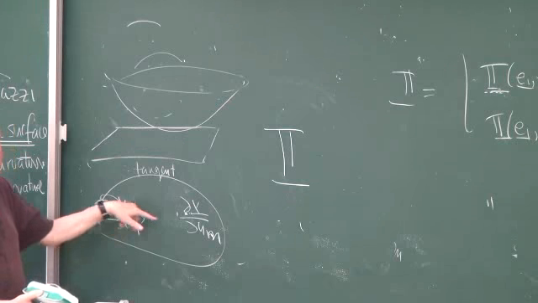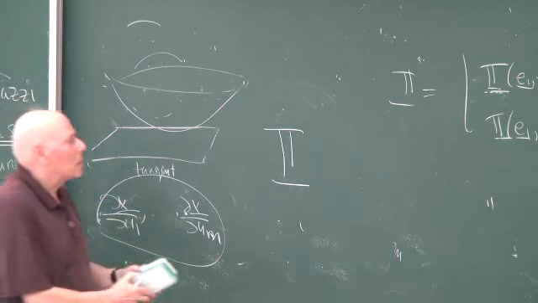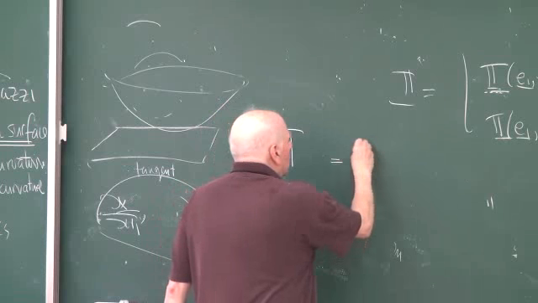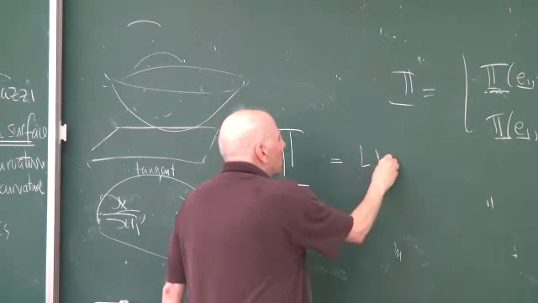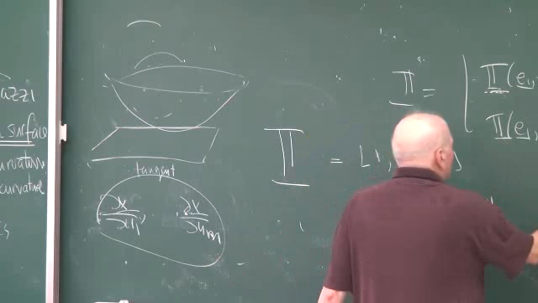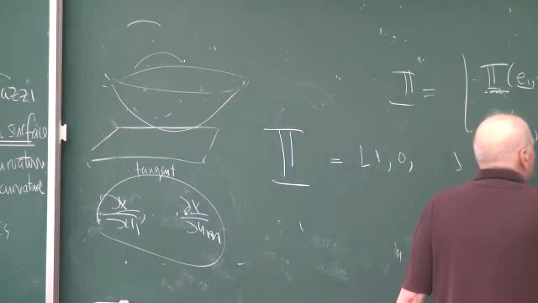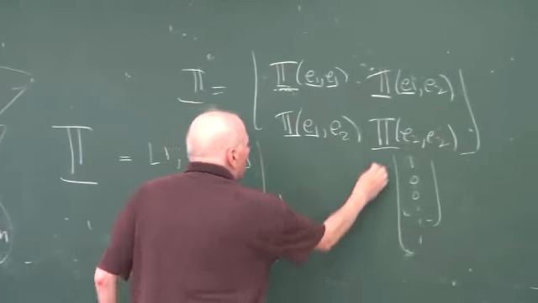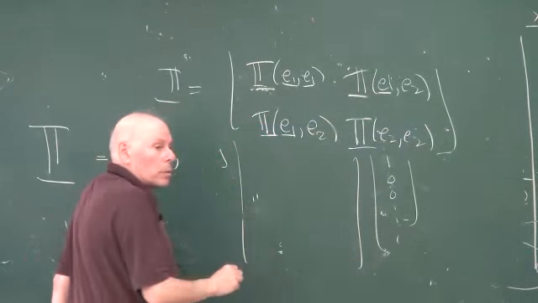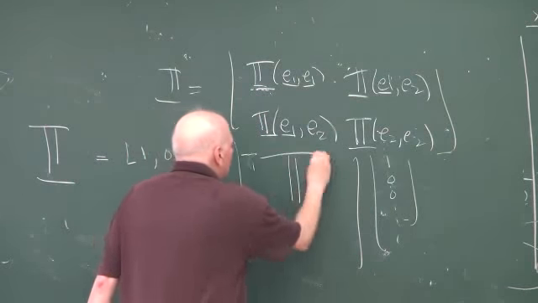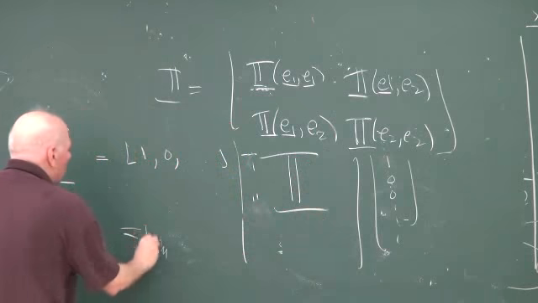I can do two tangents, two tangents, two tangents, etc. So I can take, for example, 1, 0, 0. Two tangents. And when I do that computation on pi, it will give me pi 1,1.